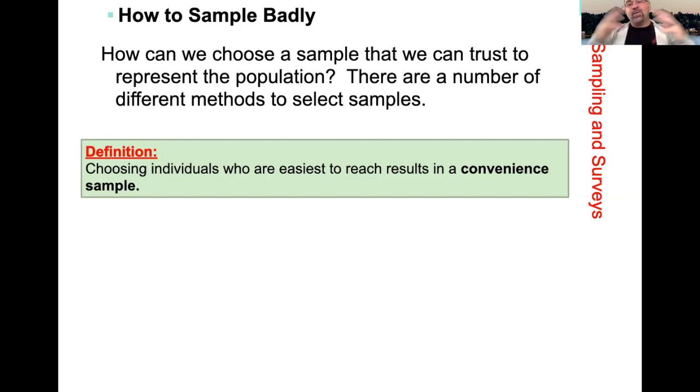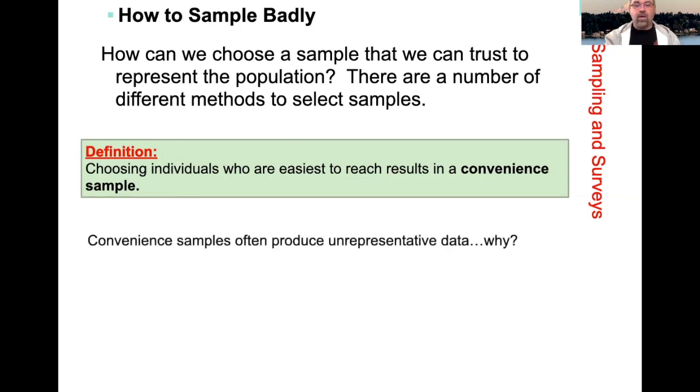My population is all OHS students, but I'm just going to ask the people at the lunch tables around where I eat lunch. That's a great example of convenience sampling. It's easy for sure, but there's some question about whether that sample would truly be representative of the entire population of Olympia High School. I'm guessing probably not. So convenience sampling can be a bit of a problem.